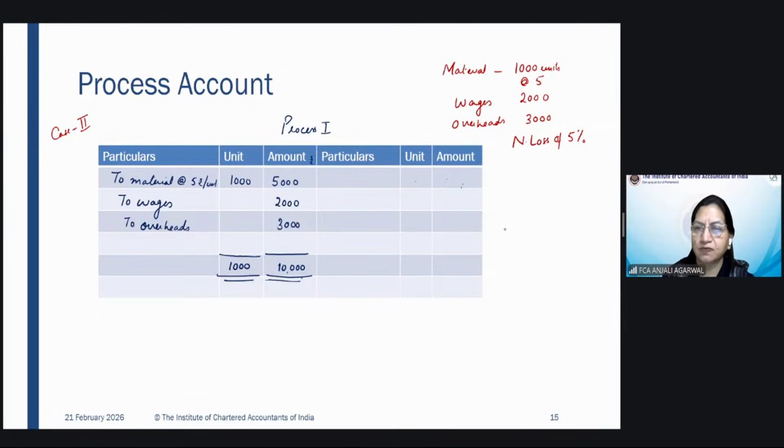So the first case, like I said, the fundamental formula is total cost minus scrap realized from sale of normal loss. Scrap only from the sale of normal loss. Divide by total units minus normal loss units.